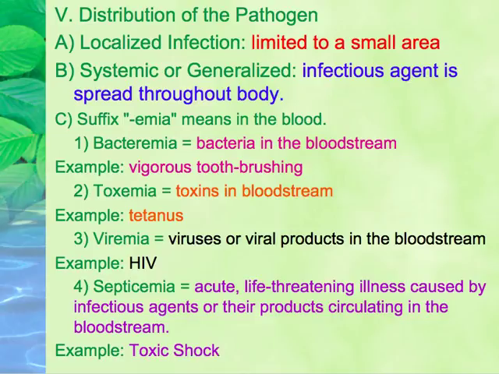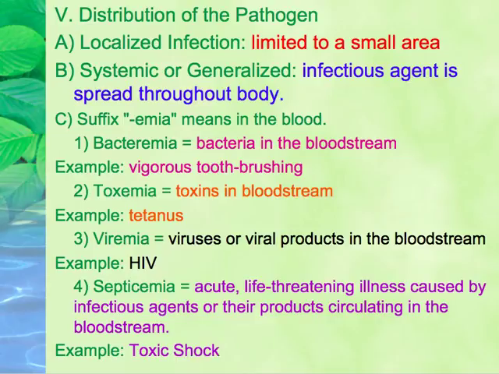And then there's septicemia. And I've talked about septicemic shock. Let's see if you remember what that's from. It's when an acute life-threatening illness occurs that's caused by infectious agents or their products circulating in the bloodstream. One example is toxic shock syndrome. Girls, you know what I'm talking about.